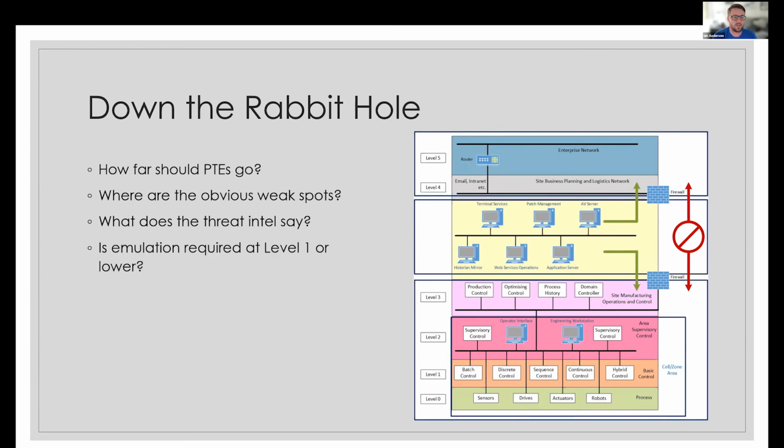And then lastly, is adversary emulation required at level 1 or lower, right? Remember, level 1 is where really the PLCs live, and level 0 we've talked about a couple of times. From my perspective, I think adversary emulation is absolutely required at level 1. There is risk though in that.